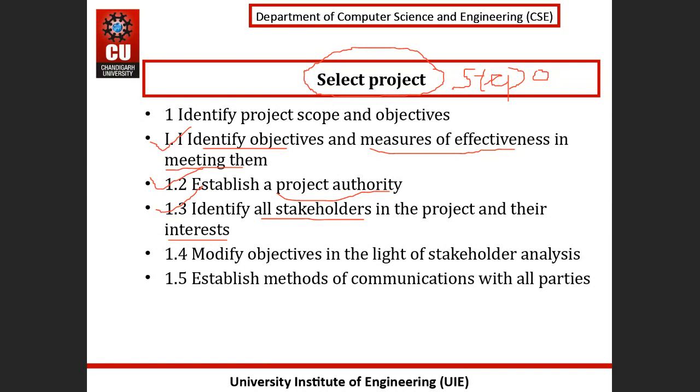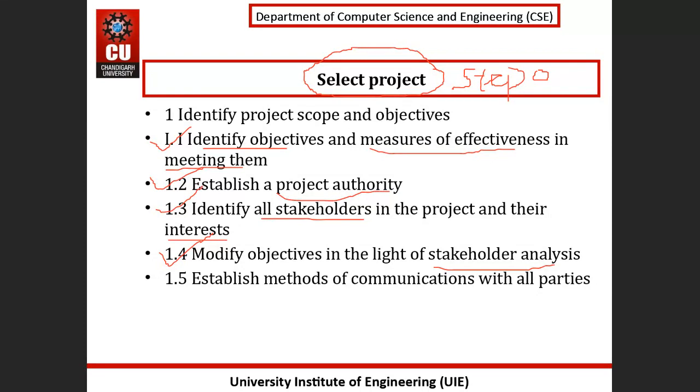Fine. So next we have modify objectives in the light of stakeholder analysis. So initially we define some objectives, but now the customer's requirements have changed, so we need to modify our objectives according to the requirements of the customer. Fine.